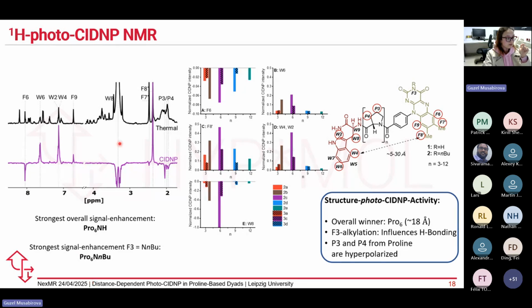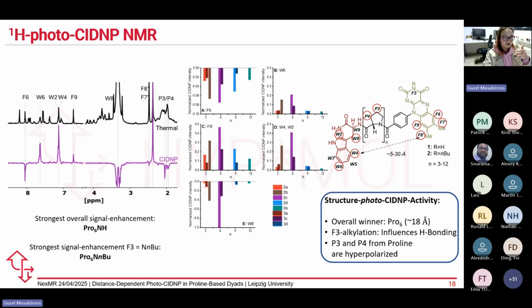But in all the CIDNP spectra from our system, we notice that not only flavin and tryptophan are polarized, we also observe noticeable polarization on the proline protons.